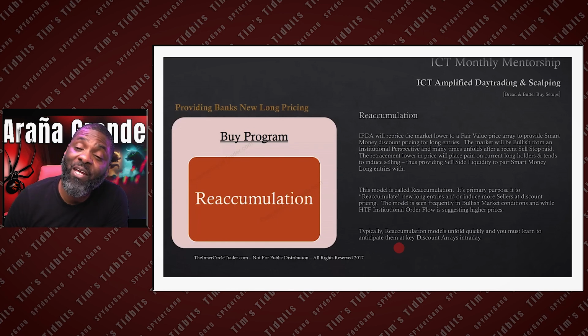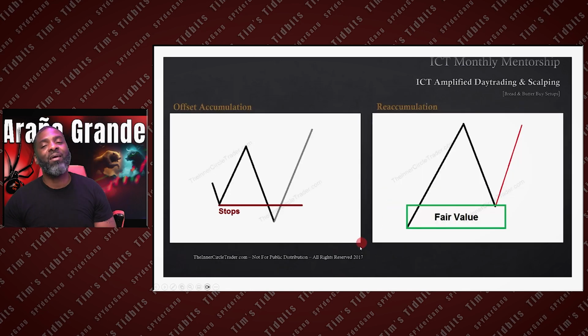Whoo, that's a whole lot of reading, a whole lot of saying, a whole lot of words. Now, what does that really mean in its simplest terms? Offset accumulation is nothing more than a stop sweep, liquidity sweep, stop run, whatever you call it.